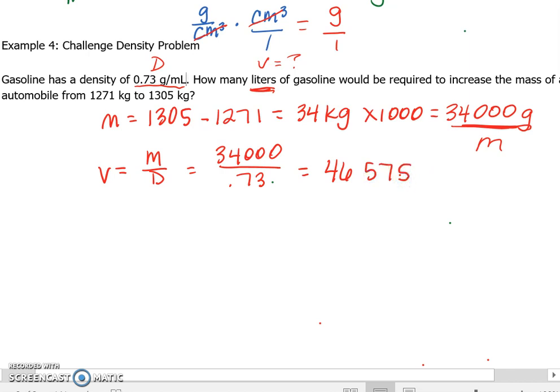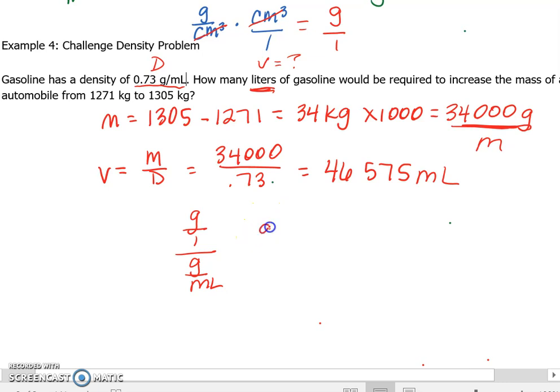what? Well, if I look at my density, my units here were milliliters, so that would be milliliters, right? Because once again, I'm doing mass, grams, I put that over 1, divided by grams per milliliter.